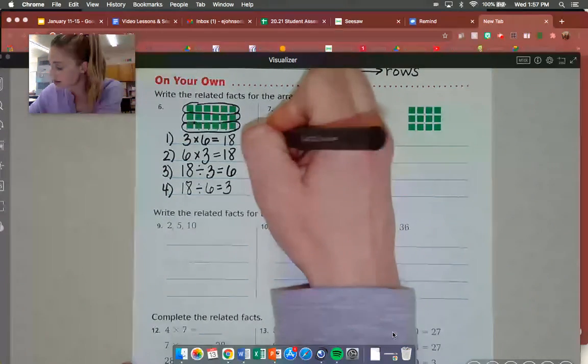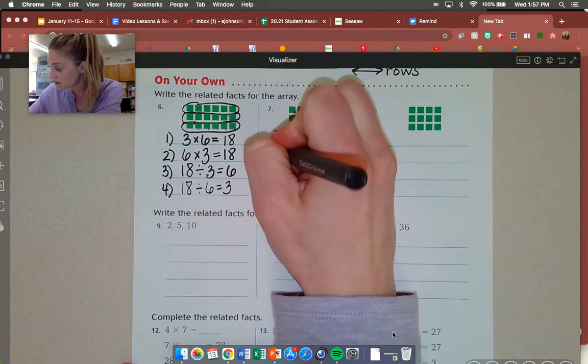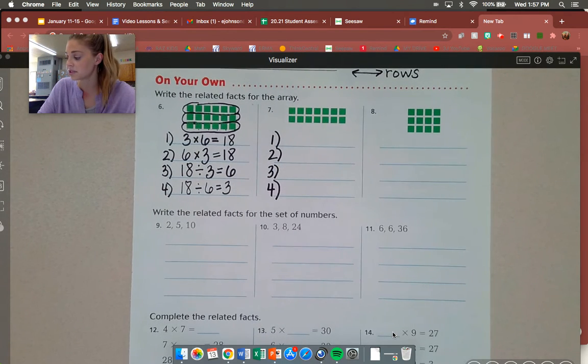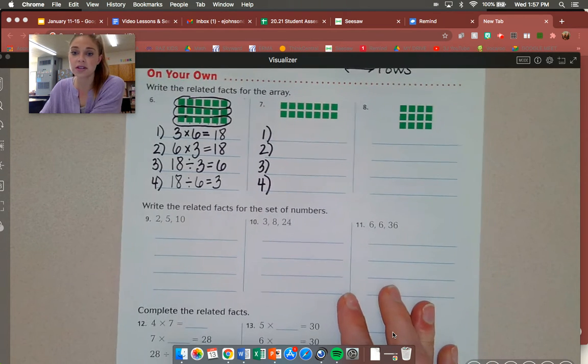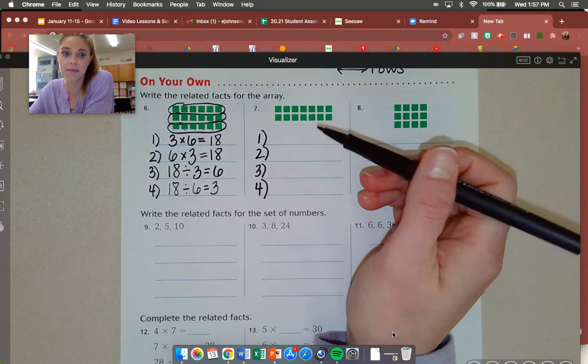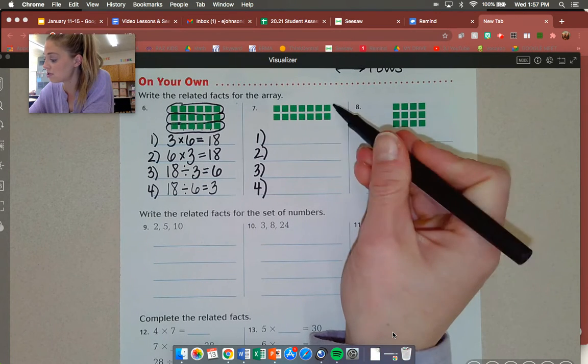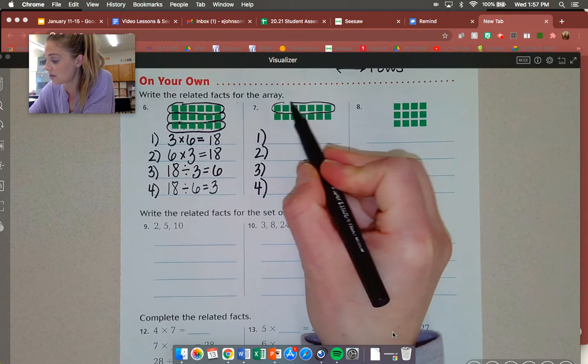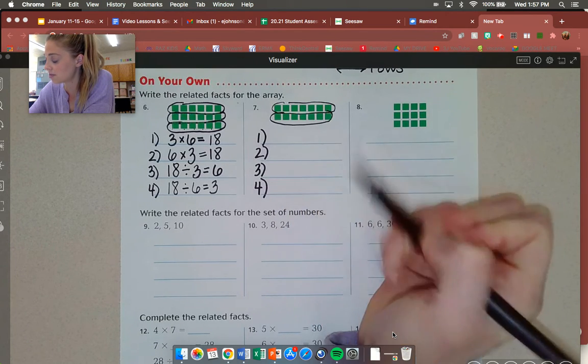So let's go on to number 2. I'm going to make 4 equations starting with multiplication. So to write a multiplication fact for this array, I have to think how many rows of how many? Well, I have 2 rows, right? I have 1 row and then 2 rows.